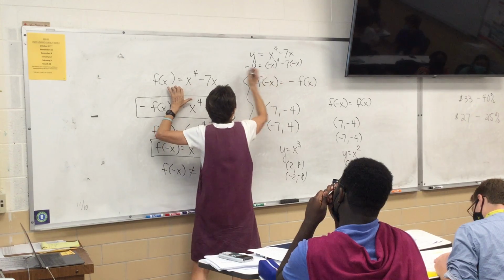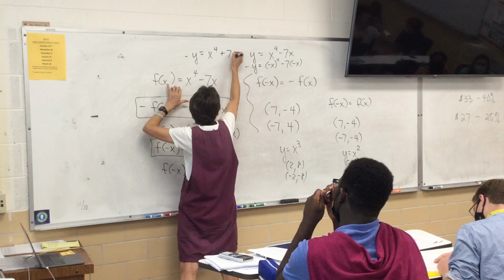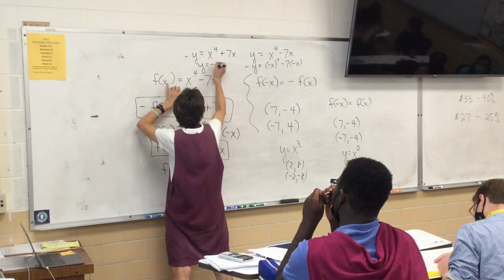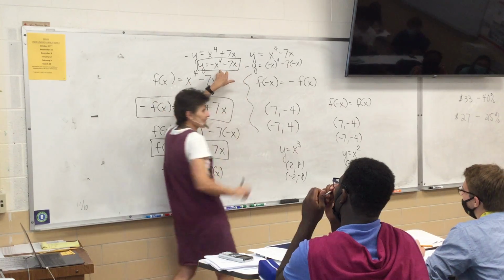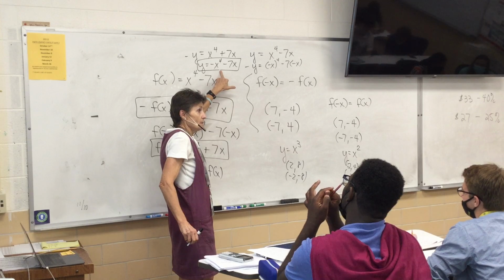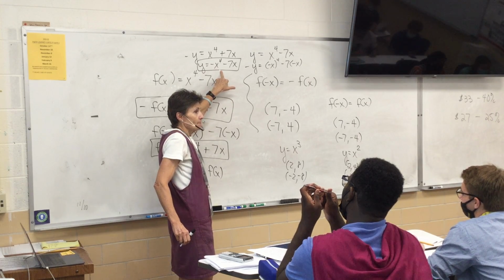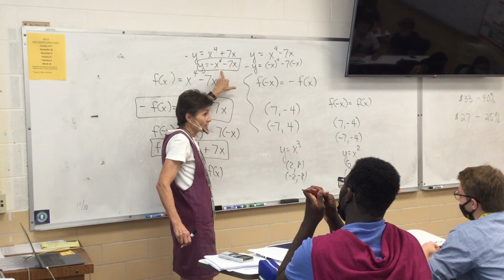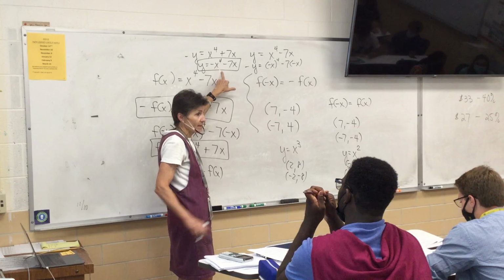When I clean that up, I get this. Is that the same as the original? No. So that could be another proof for you. Because if you're odd, you have to be symmetric about the origin, and this one clearly isn't. So it can't be odd.